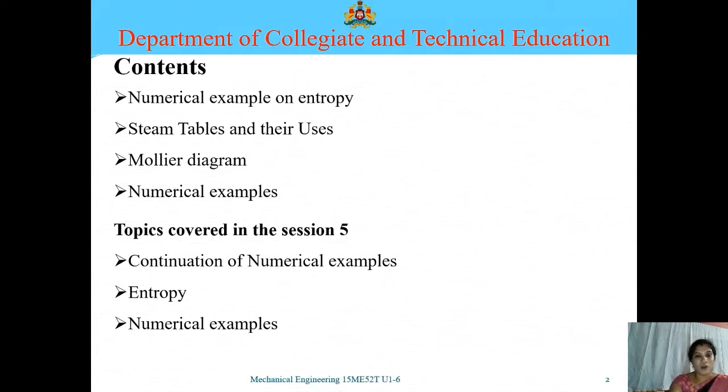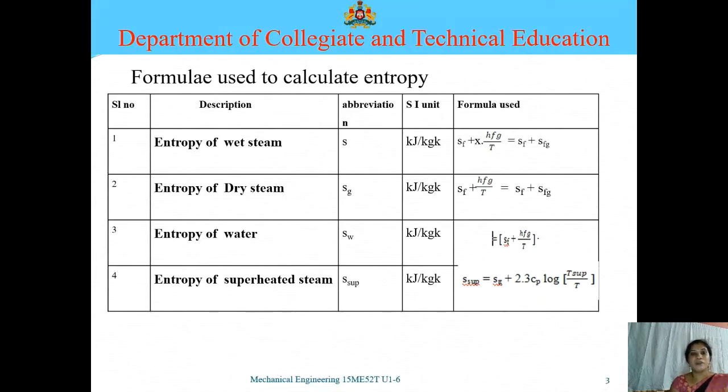So now let us move on to today's session. If I want to solve a problem on entropy, I should know these equations or these formulas. I should remember these formulas. So what are they? The entropy of a wet steam, entropy of a dry steam, entropy of water, and entropy of a superheated steam. If you make a table like this, it will be easy for you to remember the formulas.